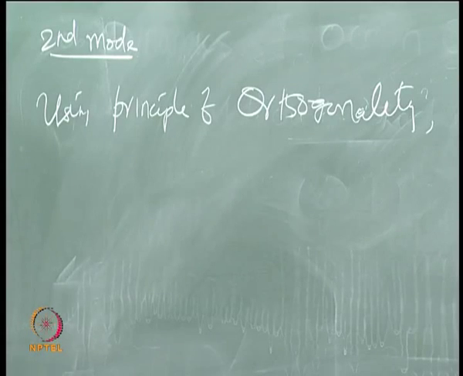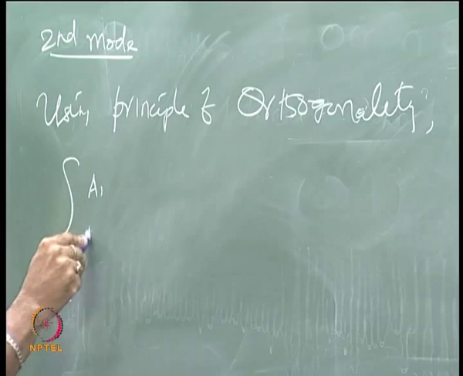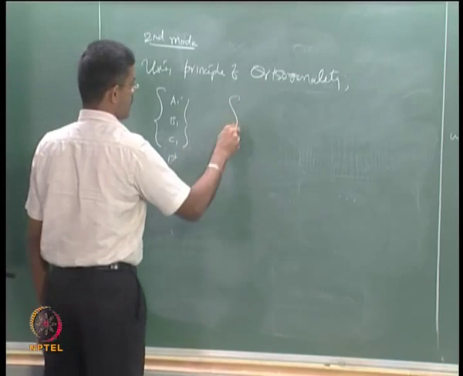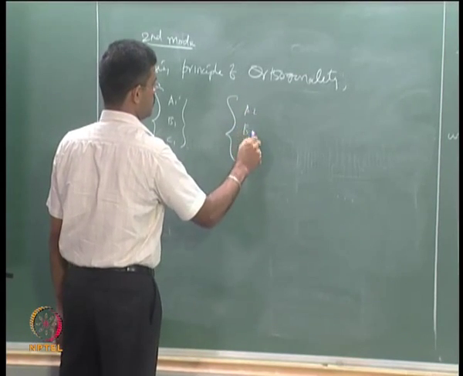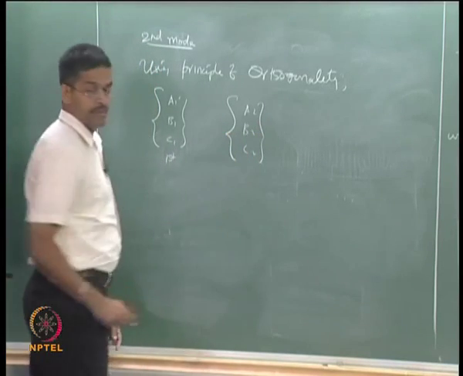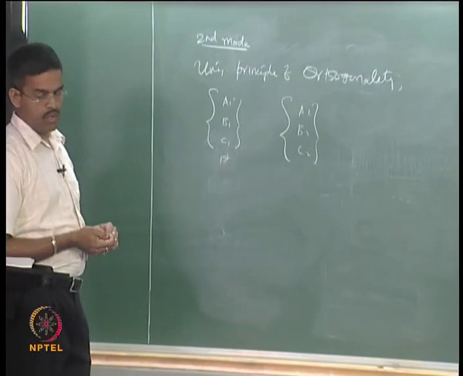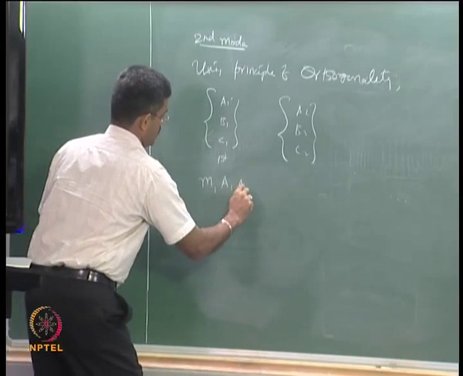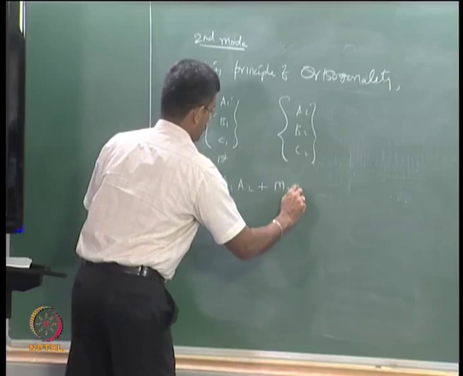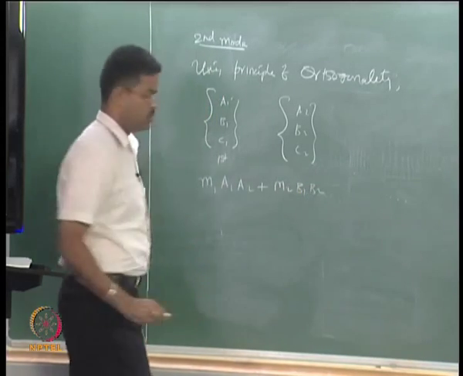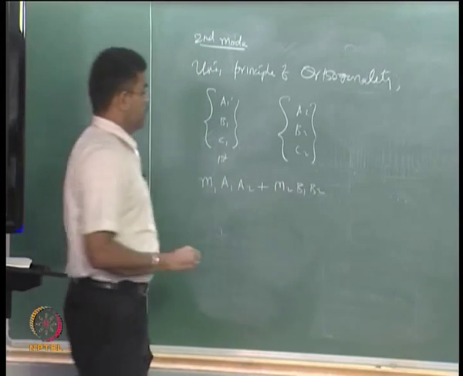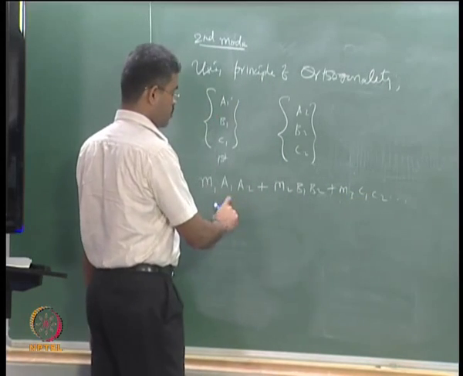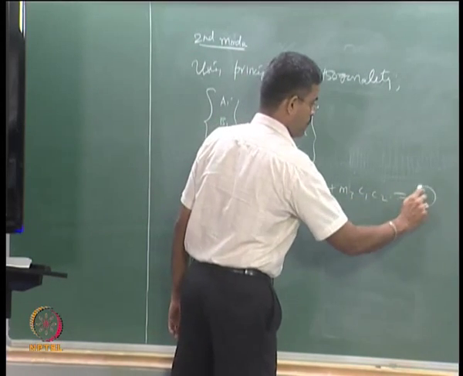Let us say I have first modes as A1 B1 C1, this is the first mode, and the second modes are A2 B2 C2, then according to the principle of orthogonality I should say M1 A1 A2 plus M2 B1 B2 plus M3 C1 C2. When I am crossing the modes, what should be this value? Should be 0.